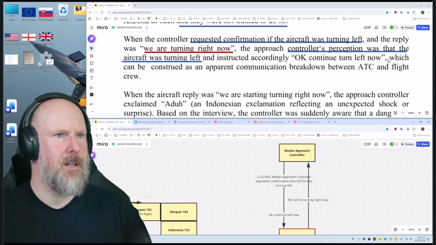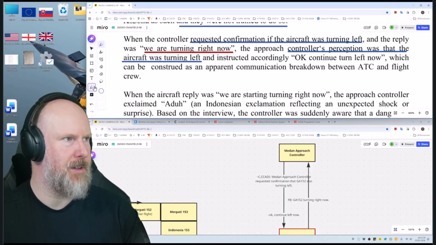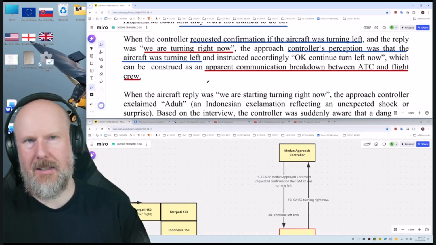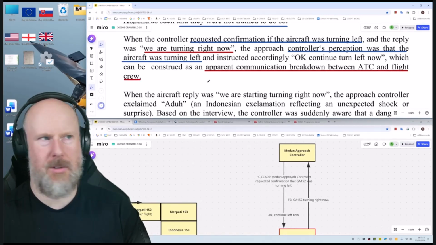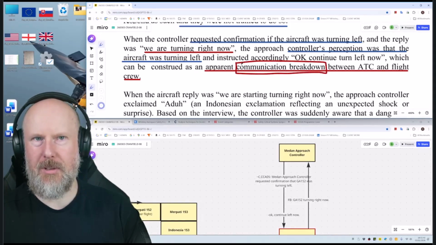Fantastic, right, so which can be construed as apparent communication breakdown between ATC and the flight crew, yes. But again, is communication breakdown as a concept a really helpful label?